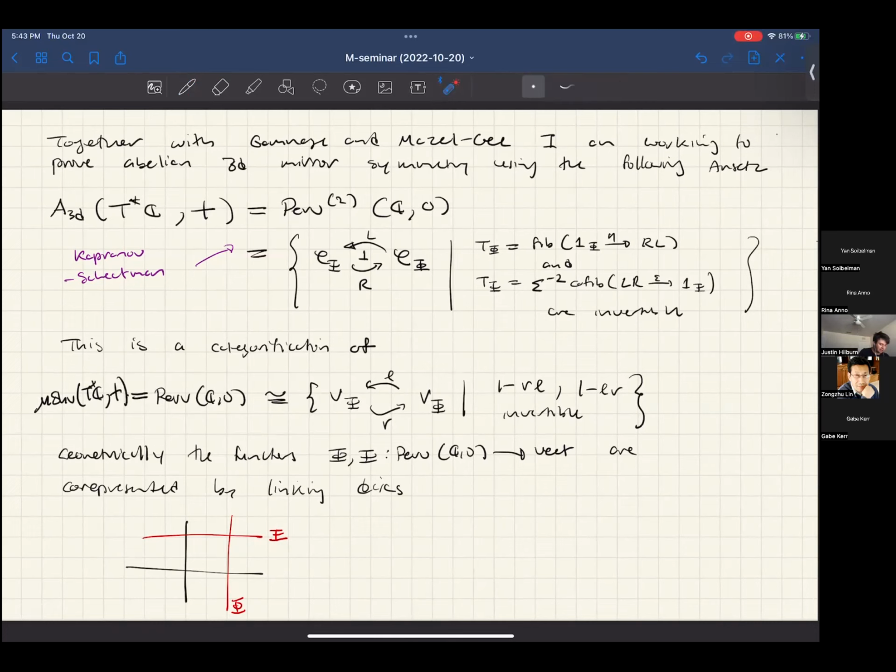What they say is that you should upgrade each of these vector spaces to categories. So you should have a vanishing category and a nearby category. And then these maps, you should upgrade them to functors, going back and forth, L and R. They shouldn't just be any functors. They should be adjoint functors. And once they're adjoint functors, there are natural maps from the identity on the vanishing category to the composition RL, just the unit of the adjunction.